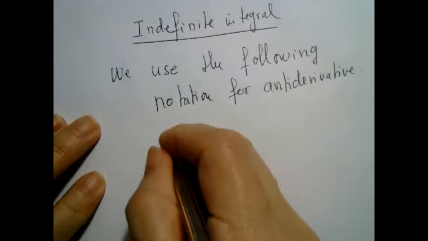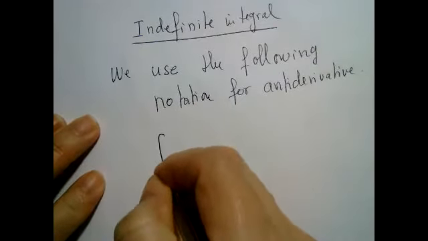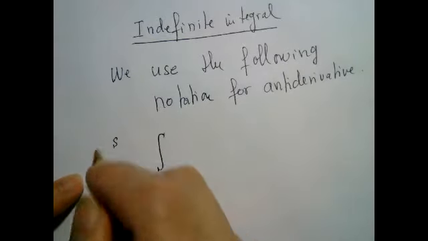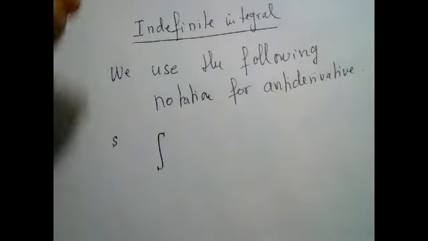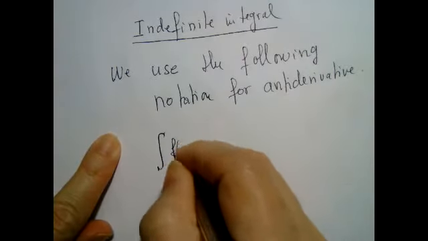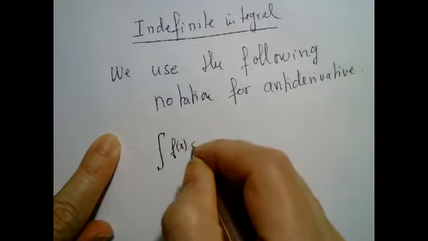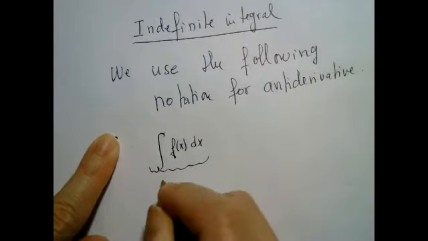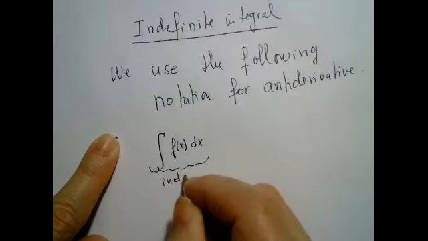And the notation is this. Think of this as an S, a letter S that you stretch. That's really what you have to think about it. So, integral of f of x dx. You have to accept the notation and you have to use it. This is called indefinite integral.